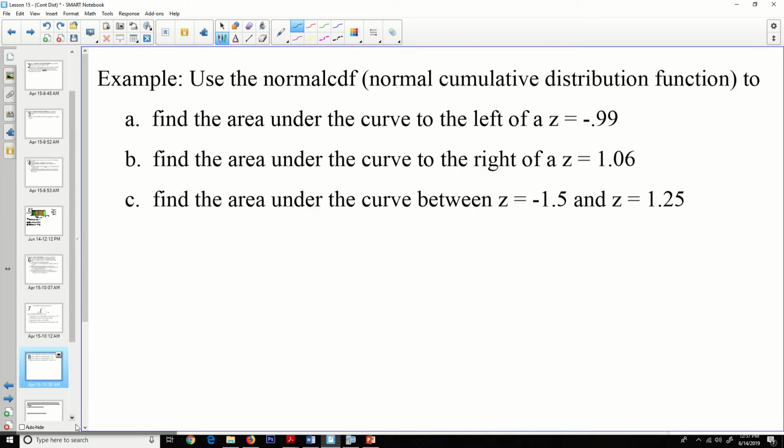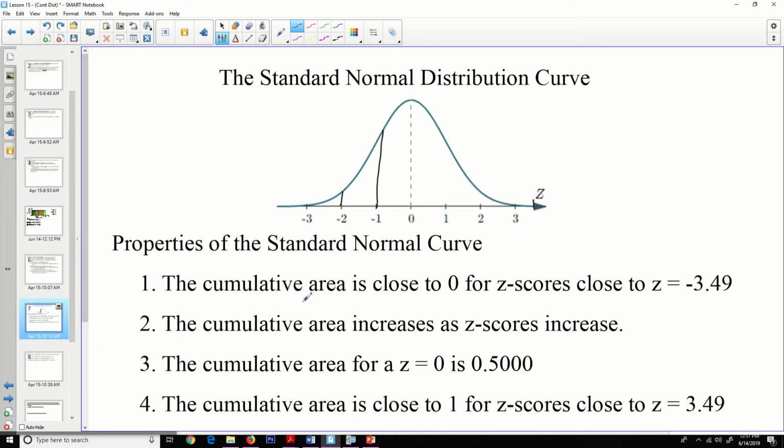Now, luckily, we have the normal CDF function of the graphing calculator to find this cumulative distribution function. So if we wanted to find the area under the curve left of z equal to -0.99, so essentially what they're saying is, here is my -0.99. They want us to figure out all of this area right here.